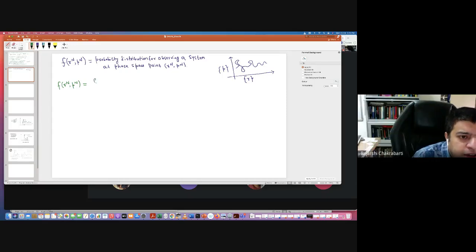So it is nothing but exponential of minus beta H, which is a function of r to the power of n, divided by the partition function itself. But if you divide by the partition function, you also have to multiply here with 1 over n factorial h to the power of 3n.